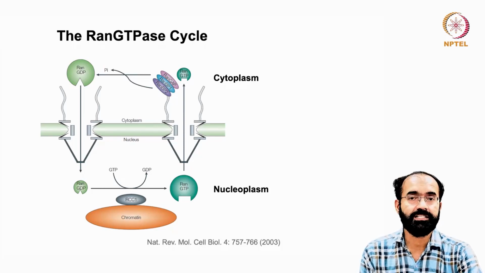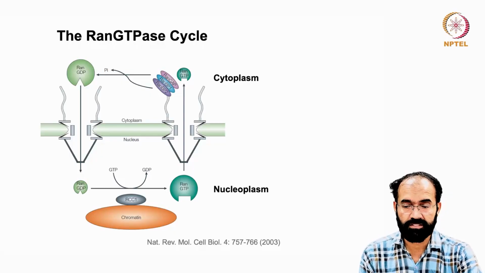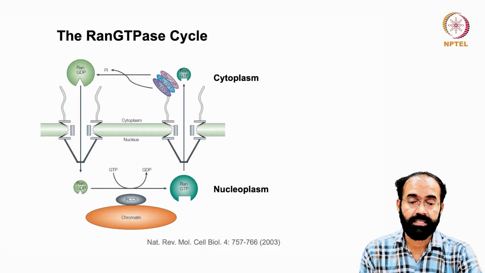If there is no RAN GTP cycle going on, there is no way the cargo can be pushed into and out of the nucleus. So this idea should be very clear and thorough in your mind. RAN GDP is higher in the cytoplasm and lower in the nucleus, RAN GTP is higher in the nucleus and low in the cytoplasm. This continues and it is maintained so with a purpose.